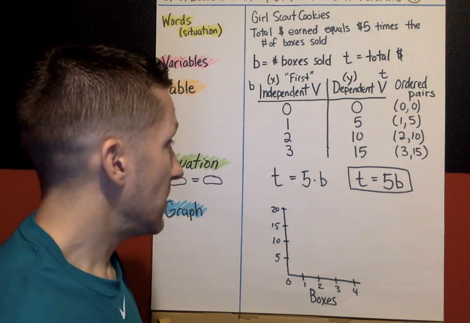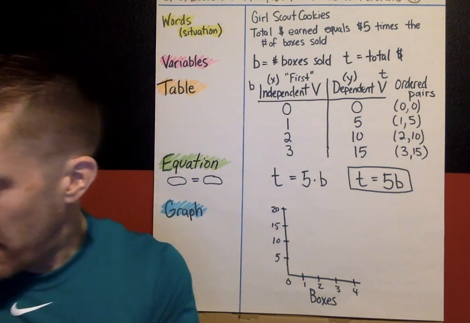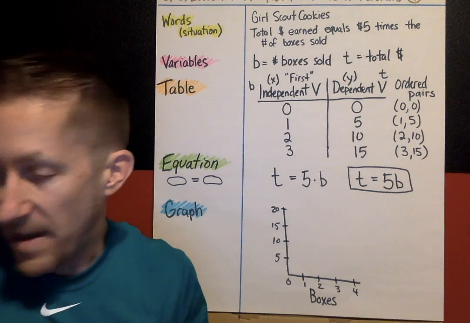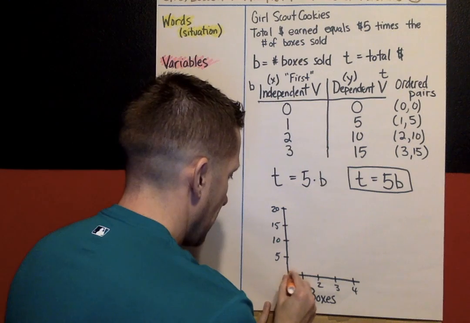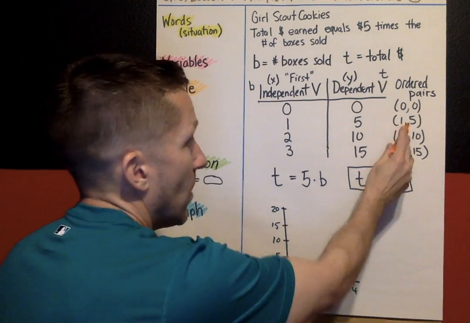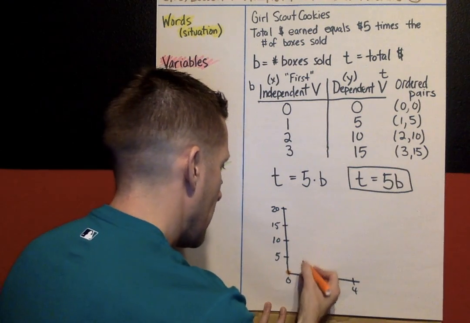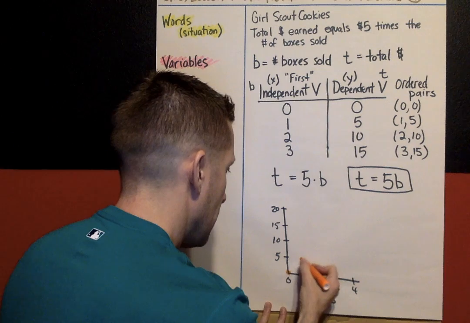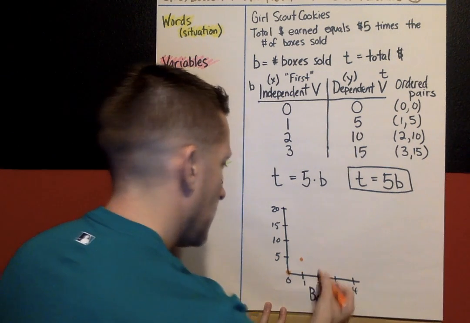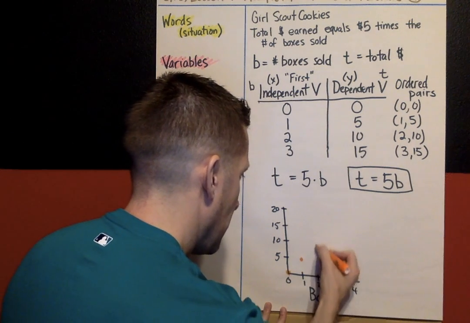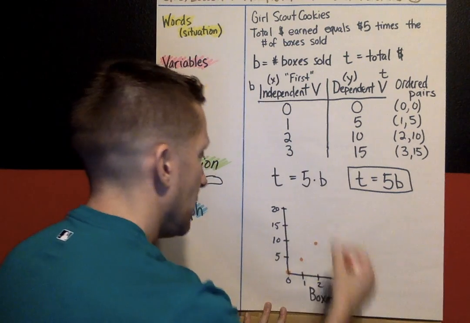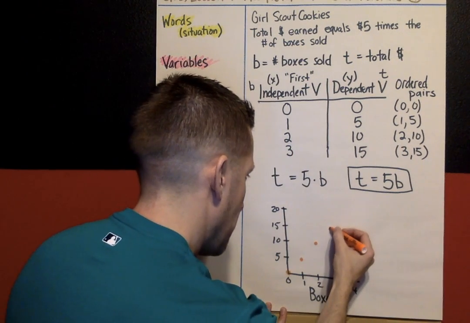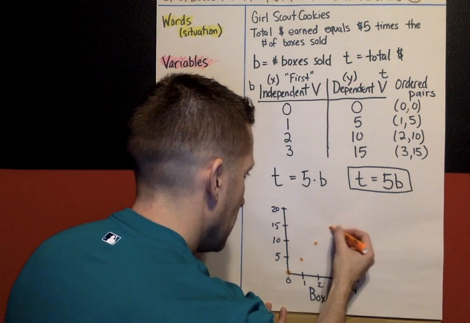Next, all I do is graph the ordered pairs. Let me get a different color for that. 0, 0, that's going to go right here. 1, 5: over 1, up 5. 2 boxes of cookies is 10, so it's right there. 3 boxes of cookies is $15, so 3, 15.